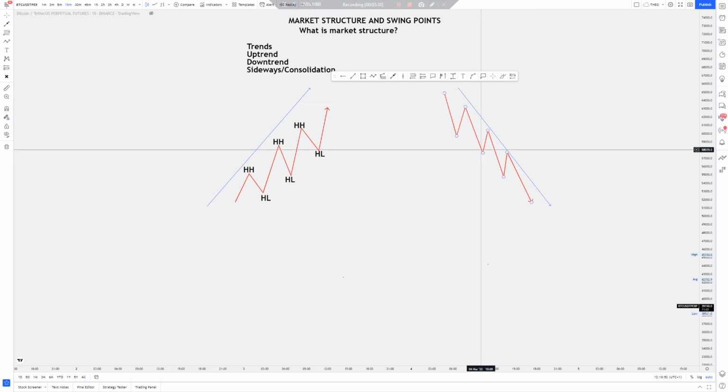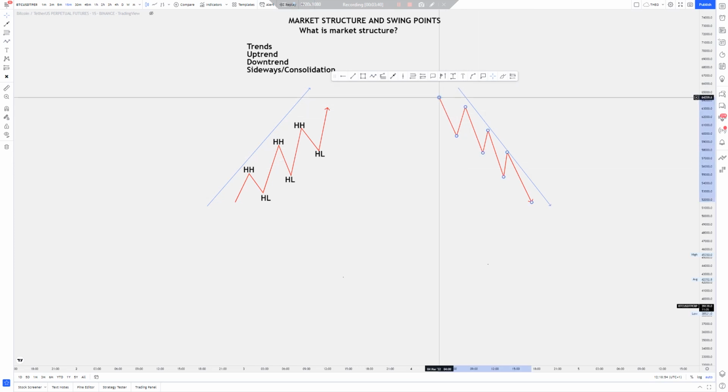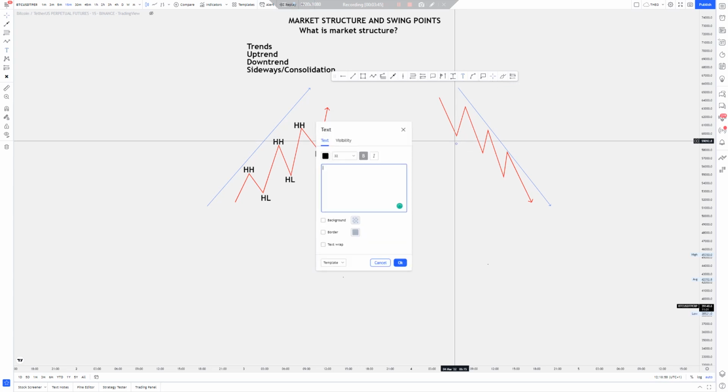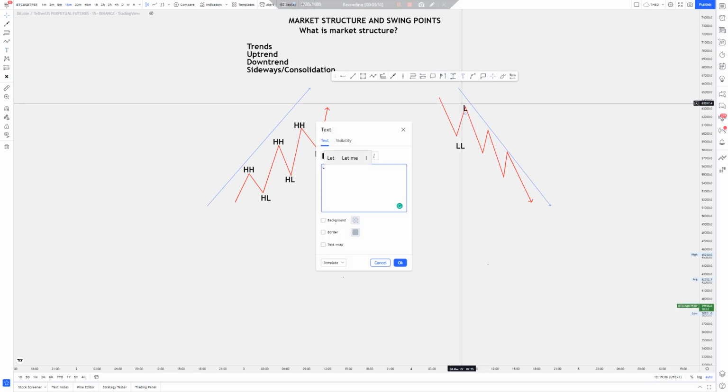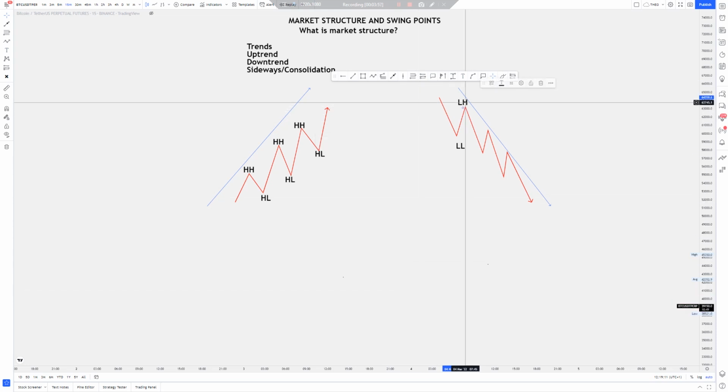Every upper part is considered a lower high, while the lower parts are considered to be lower lows. Okay, great. Now that is all on uptrend and downtrend.